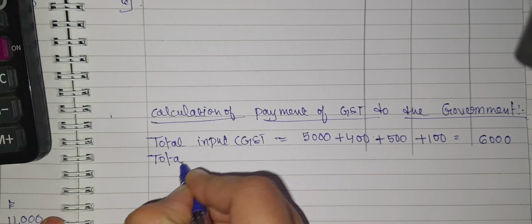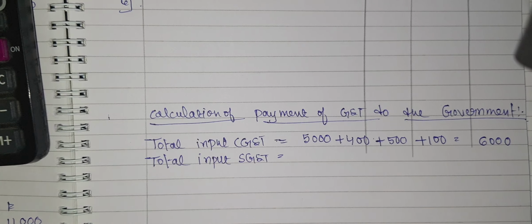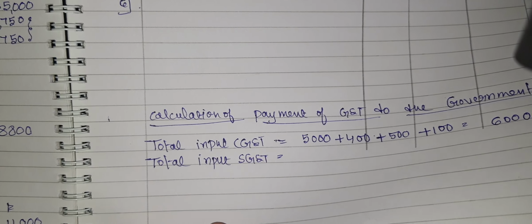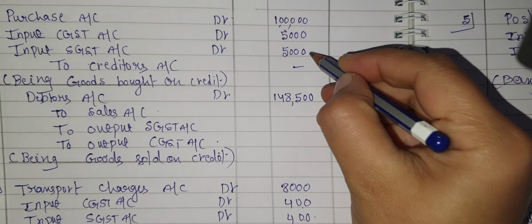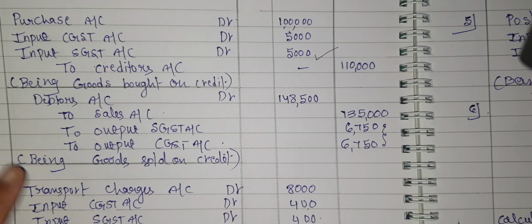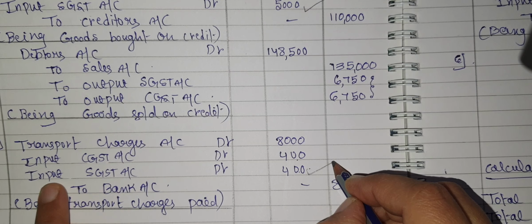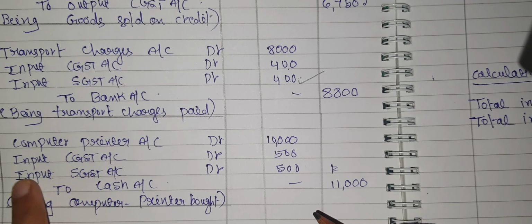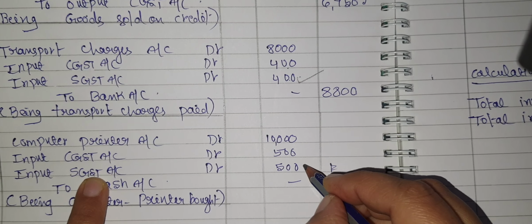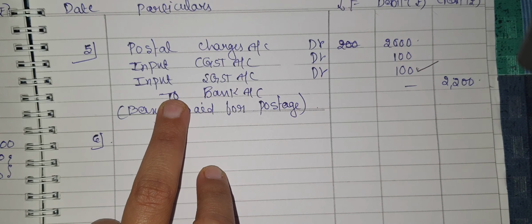And total input SGST: 5,000 plus 400 input SGST, and under purchase of computer printer, input SGST 500, and in postal charges, input SGST is rupees 100.